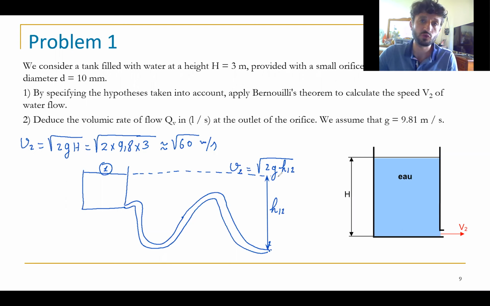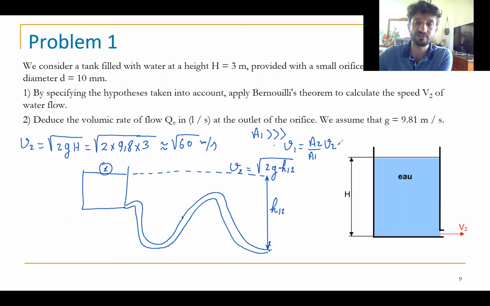But you have to specify that A1 is very large, and that V1 equals A2 divided by A1 times V2.